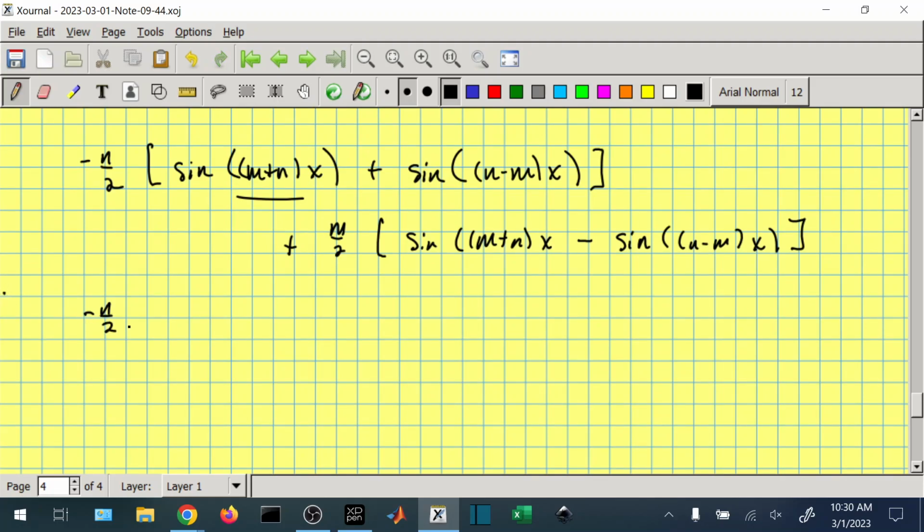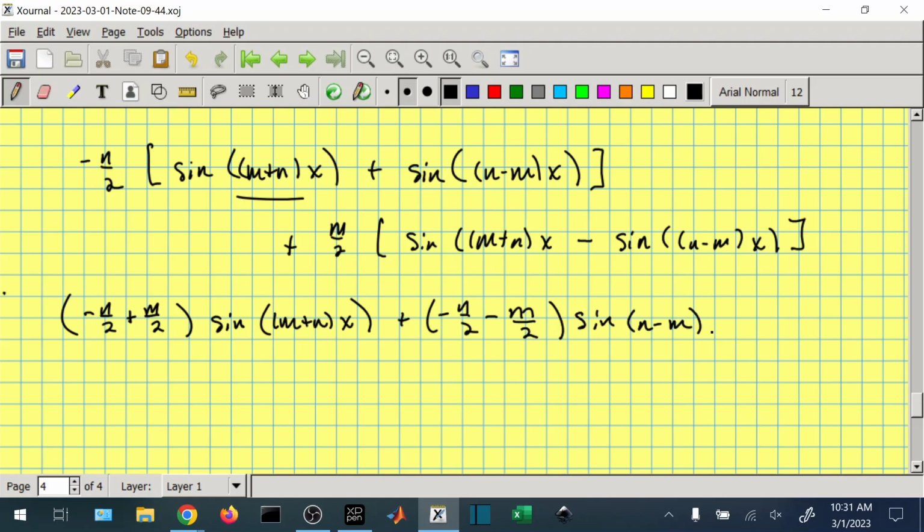Minus n over 2 plus m over 2 times sine (m plus n)x, plus minus n over 2 plus m over 2. Well, wait a minute. We have this minus sign here. So we have n over 2 minus m over 2 sine (n minus m)x.